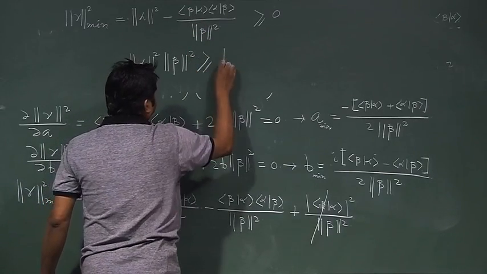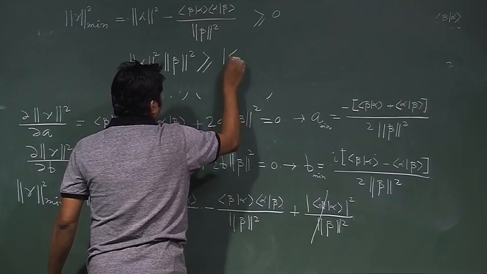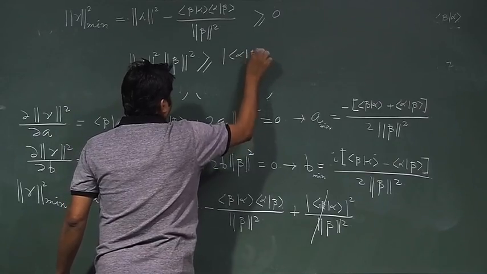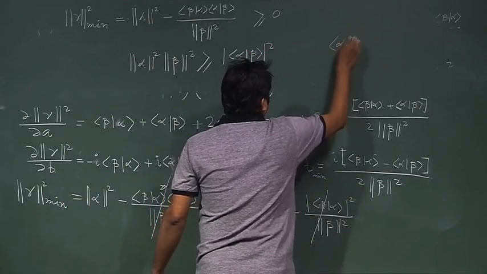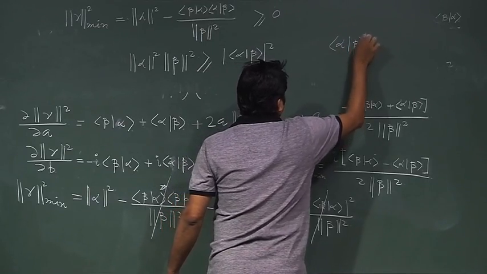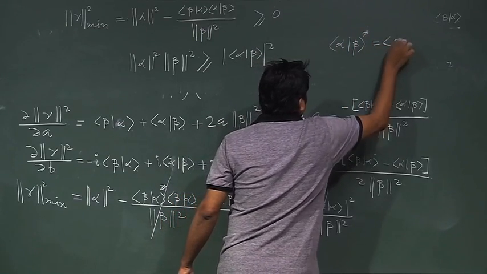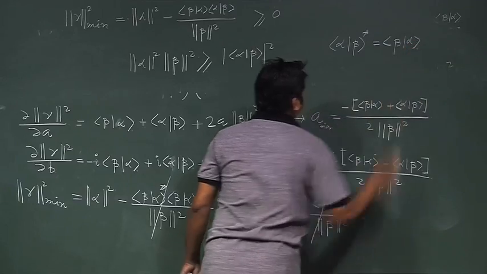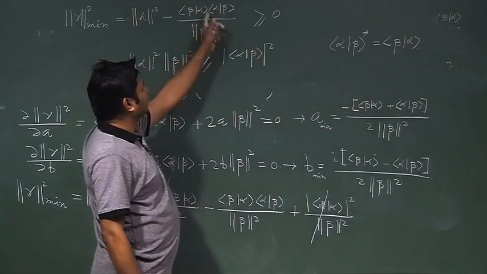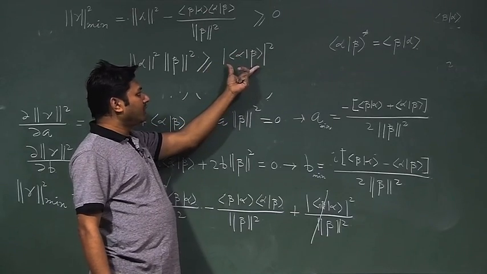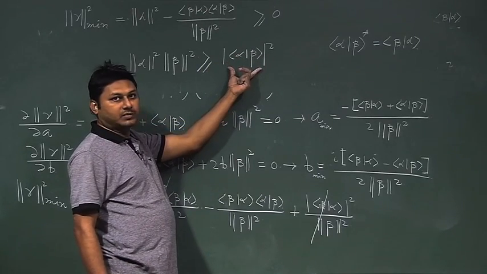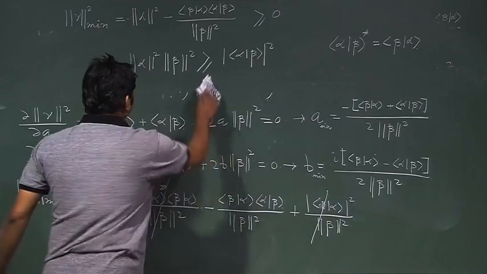This quantity is nothing but mod of alpha beta square, because alpha beta star is equal to beta alpha. So, if I change this to star, it will be beta alpha and mod of square. So, alpha beta mod of square and beta alpha mod of square will be the same thing. So, essentially I am having this.